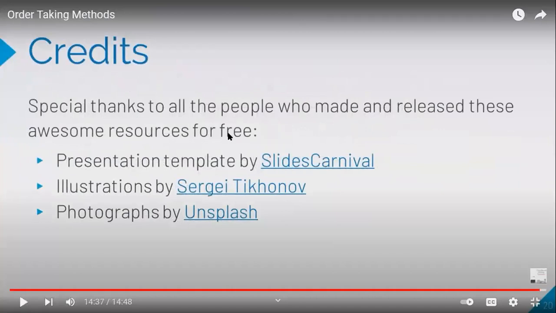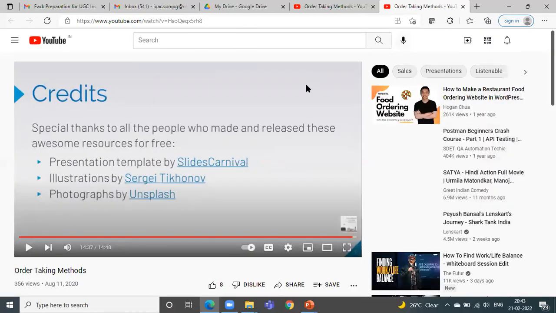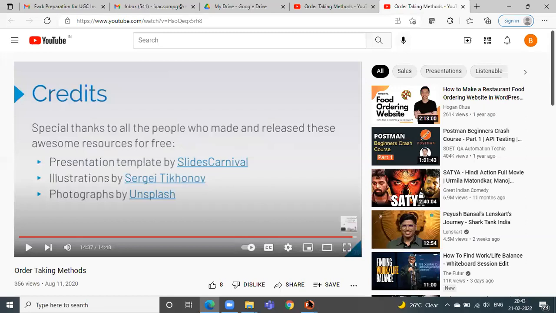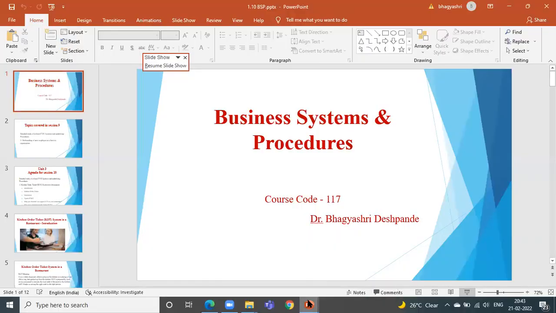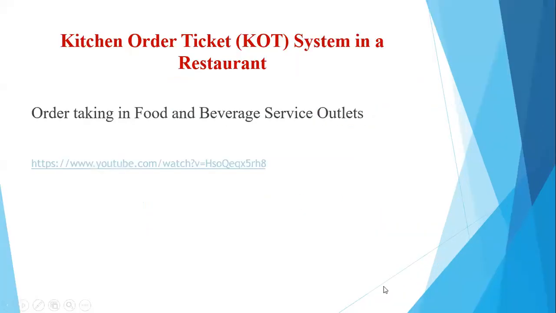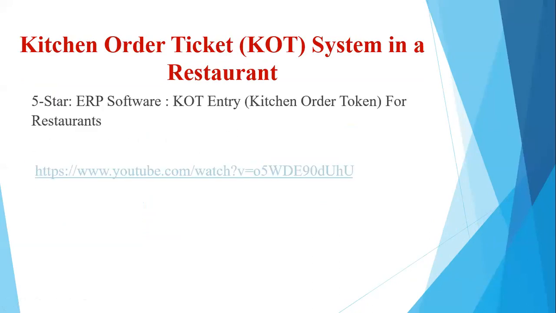Okay, so yes, this is where she has explained the thing. Now that's where let us go to, where an ERP software, in case we implement it for this KOT, that is kitchen order ticket system, then how will that work?